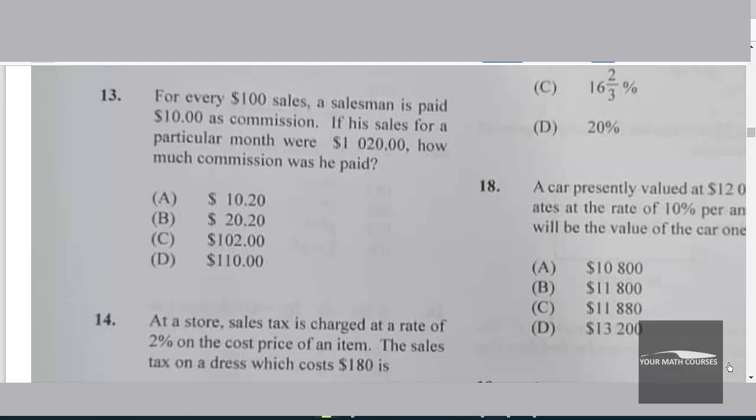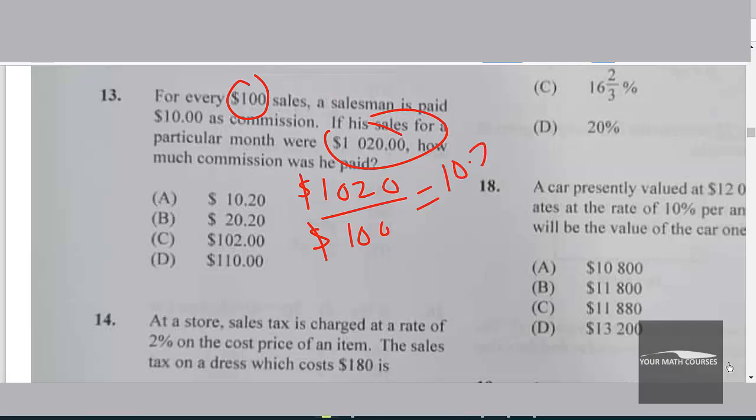So first we need to figure out how many $100 are in 1,020. So you divide that 1,020 by $100, and that will give you 10.2.